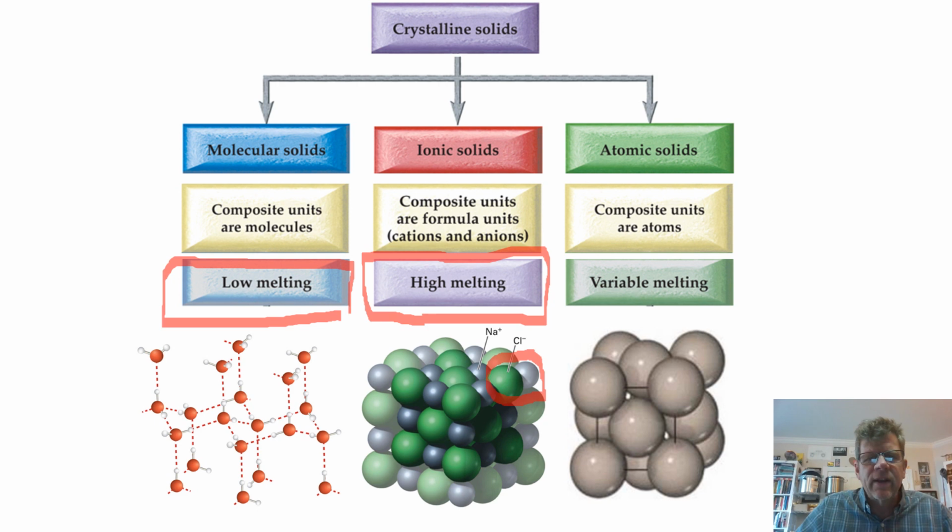So we can contrast this with the lower melting points of molecular solids. If we look at molecular solids, we're talking about molecules being the composite particle. And in this example here, we have water. Here are some water molecules that are held together, in this case, not by chemical bonds, but rather by intermolecular forces, those red dotted lines we see there.